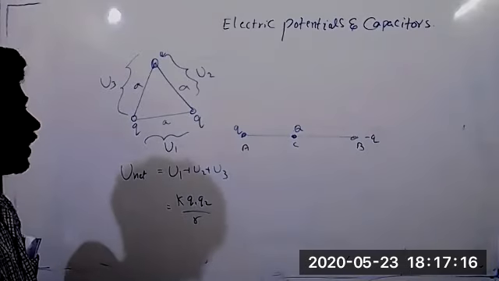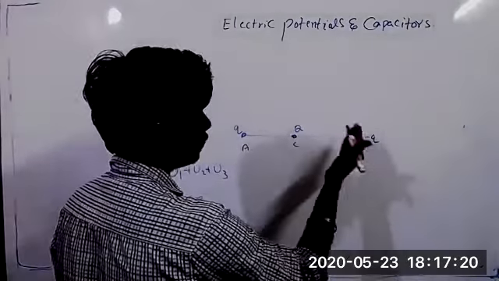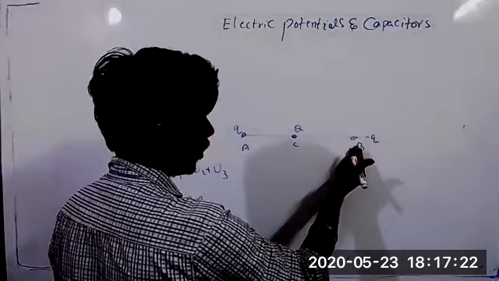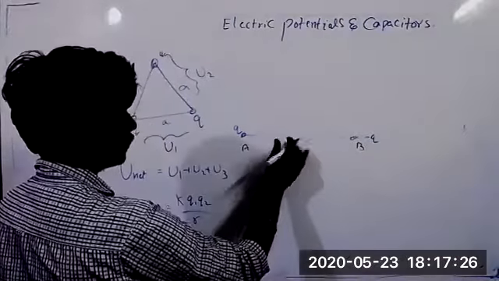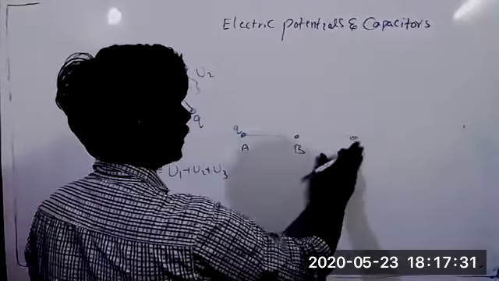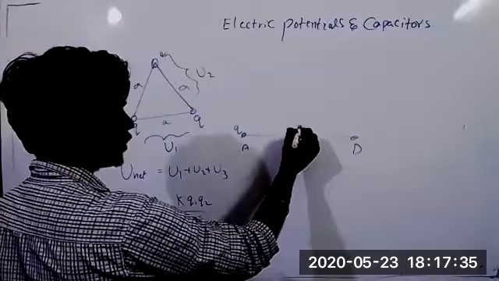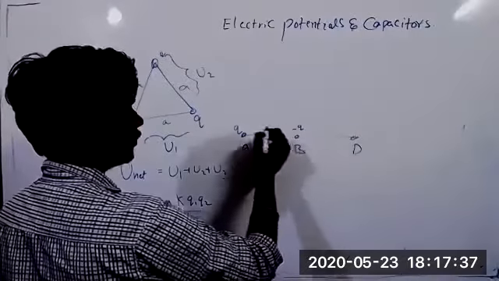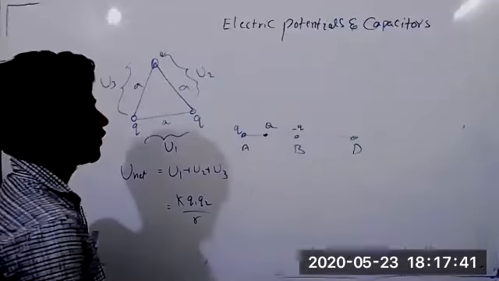Now, this Q charge will move from C to D. Take it as B, and it is D. And here minus Q, and here Q. Look at this carefully.